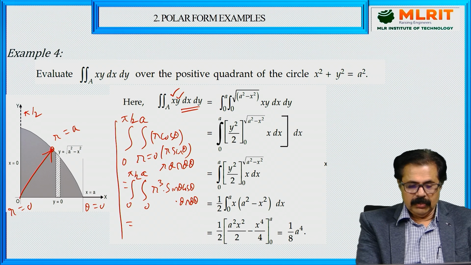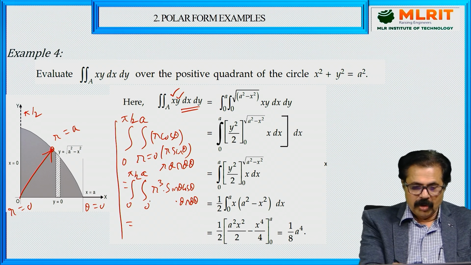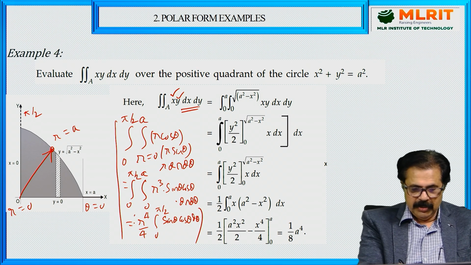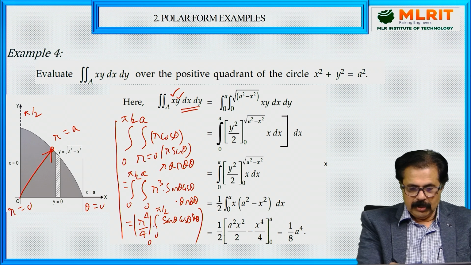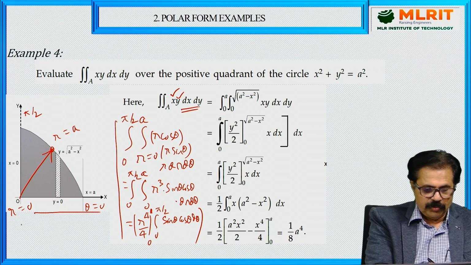You see that now, integrating r cube gives r raised to 4 by 4, and then 0 to pi by 2, sin theta cos theta d theta. Now put the limits 0 to a. So what is happening now? A raised to 4 by 4.